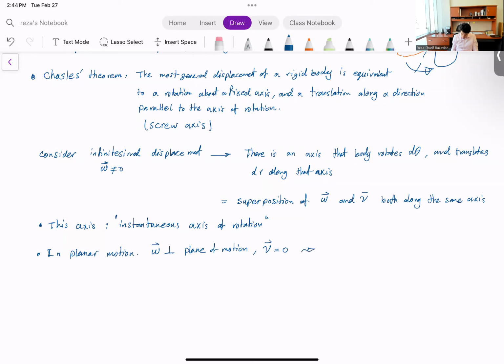So here, the instantaneous axis of rotation is also perpendicular to the plane and coincides with the plane and the instantaneous center of rotation.